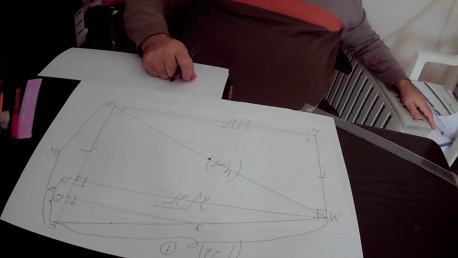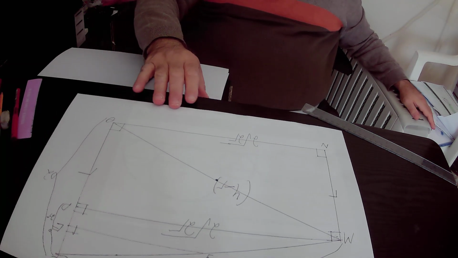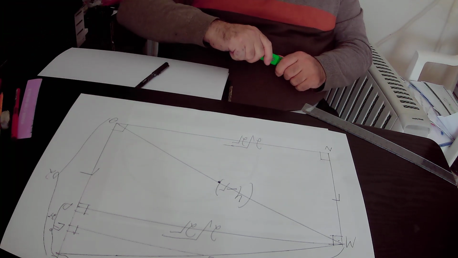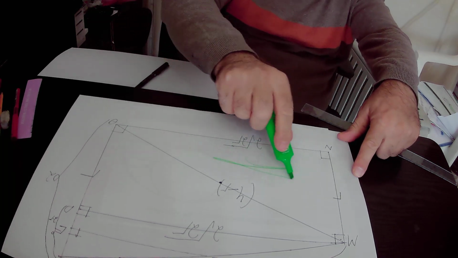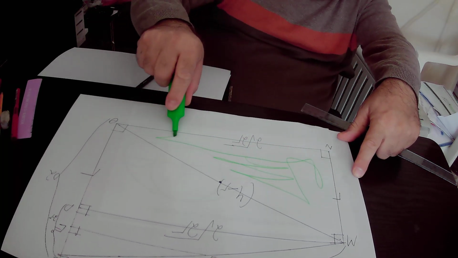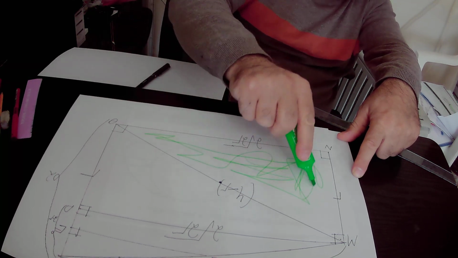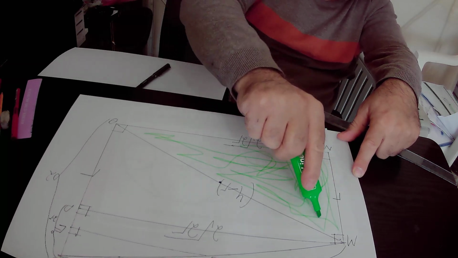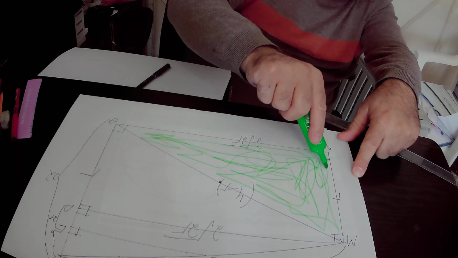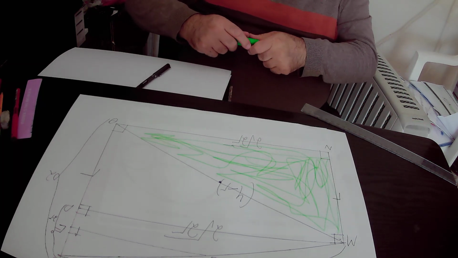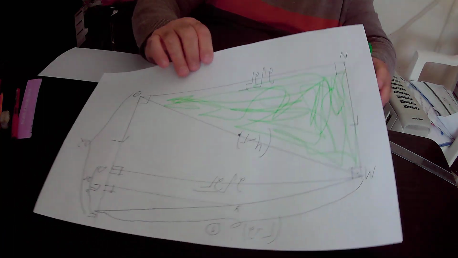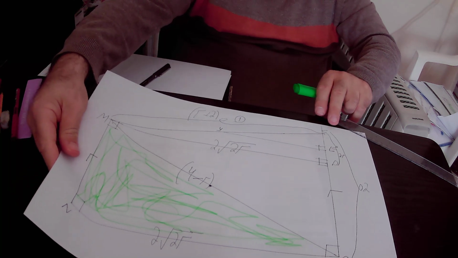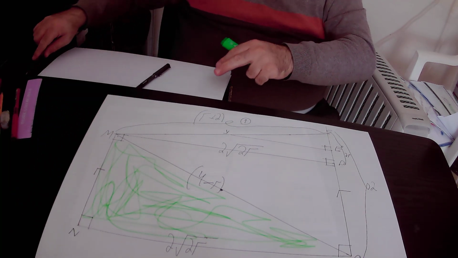So we will focus on the right triangle M and O. We will focus on the right green triangle, triangle M and O. So on the right green triangle, according to the Pythagoras theorem, the square of the hypotenuse equals to the sum of the squares of the perpendiculars.